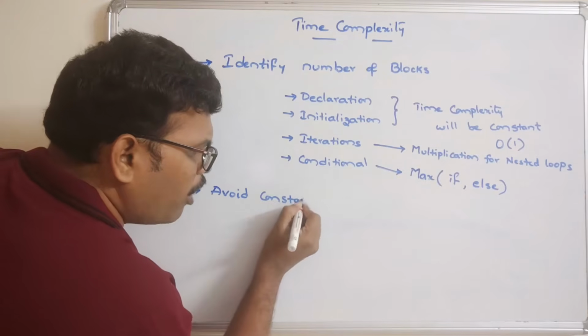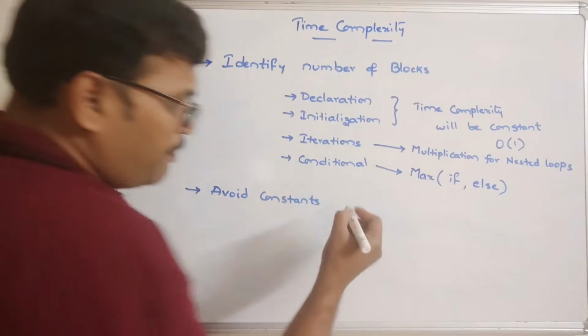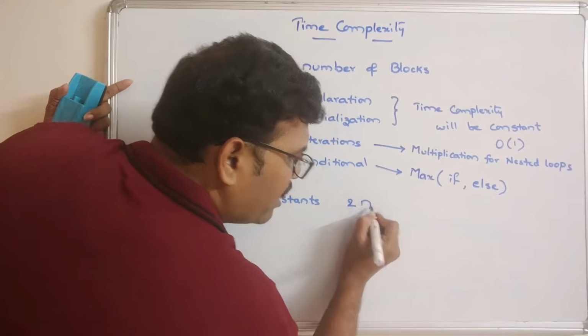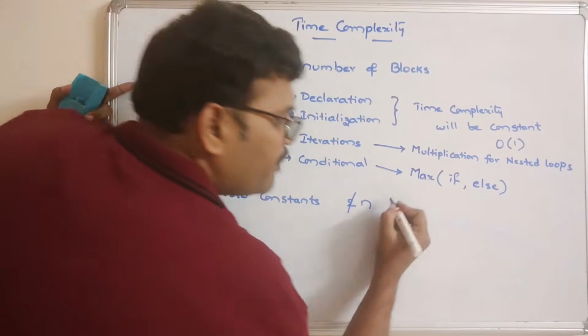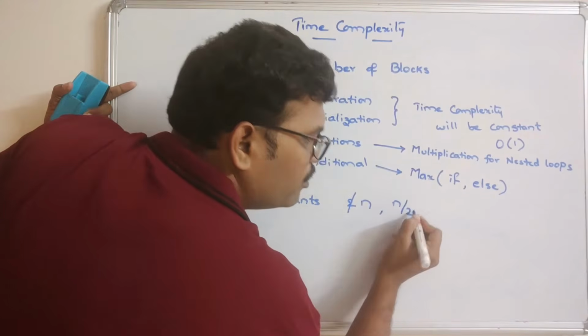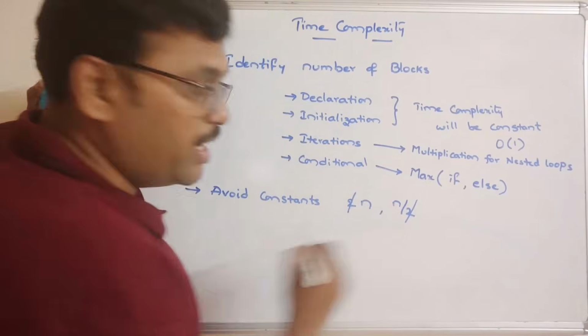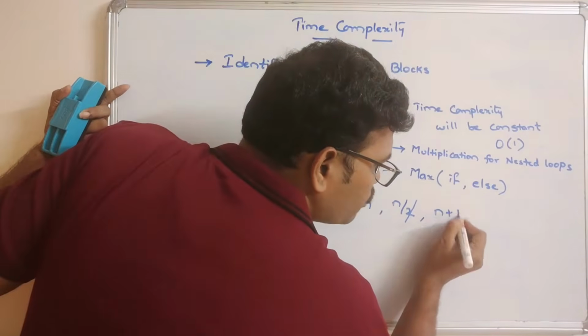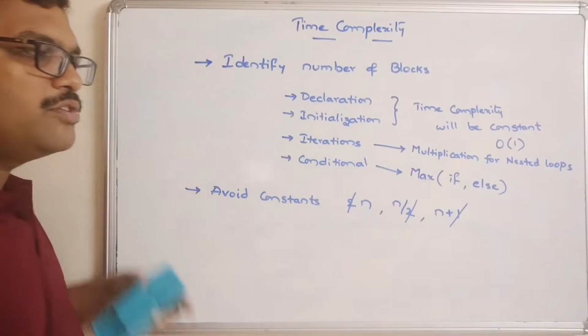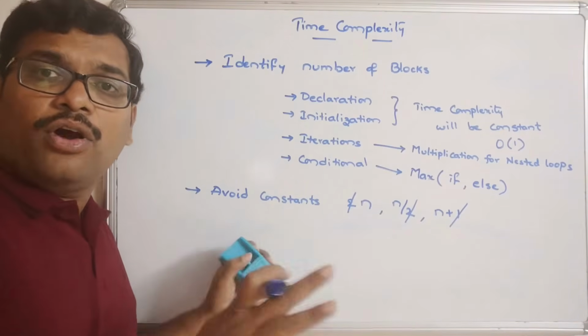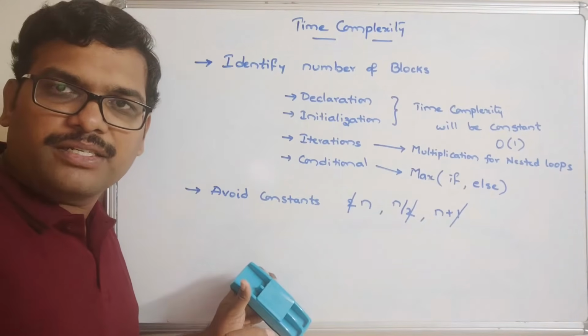You can avoid all the constants. For example, if the time complexity is 2n, you can avoid 2. If the time complexity is n by 2, avoid 2. If the time complexity is n plus 1, avoid 1. So like this you can avoid all the constants in our time complexities.